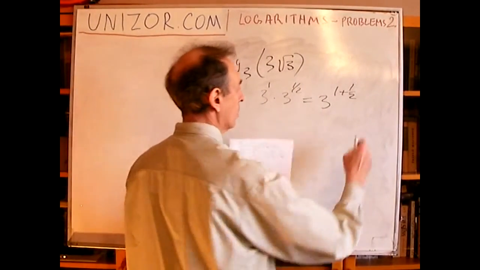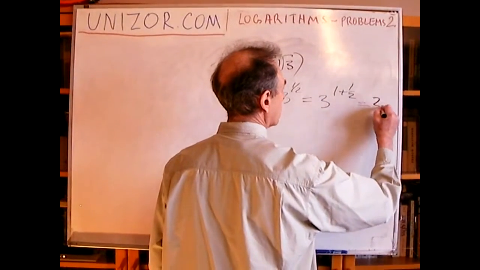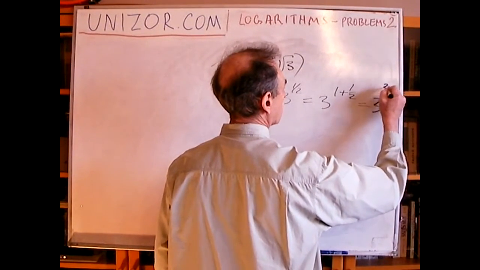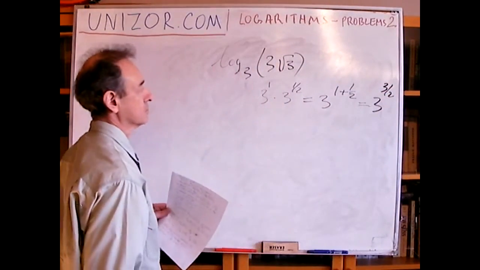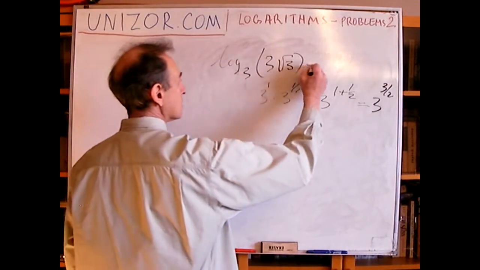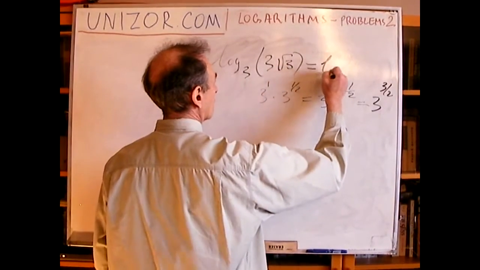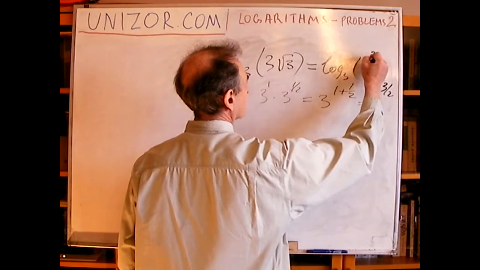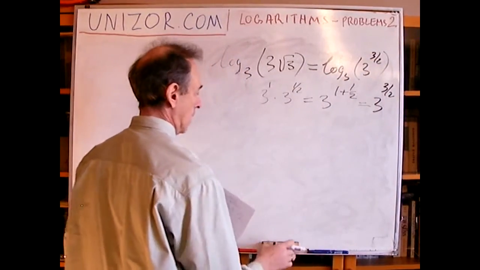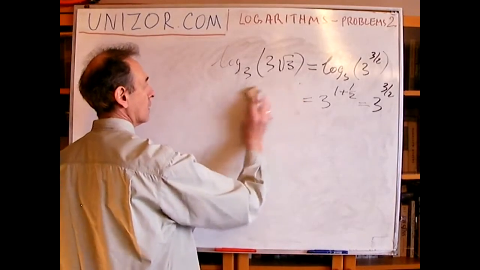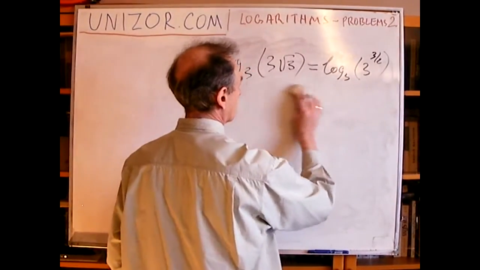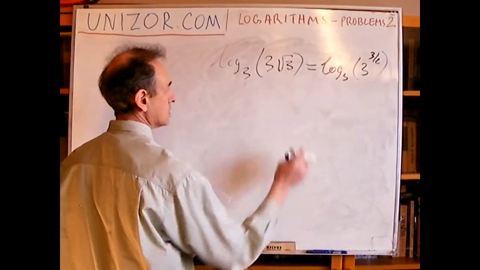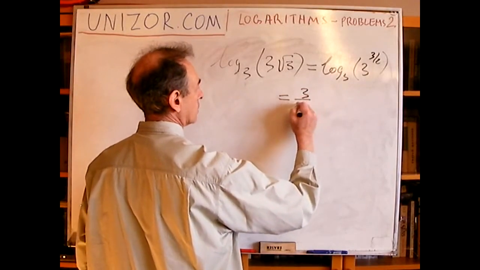And so this is equal to 3 to the power of 3 over 2. Which means this is equal to log 3 to the power of 3/2. And that's why it's equal to 3 over 2.